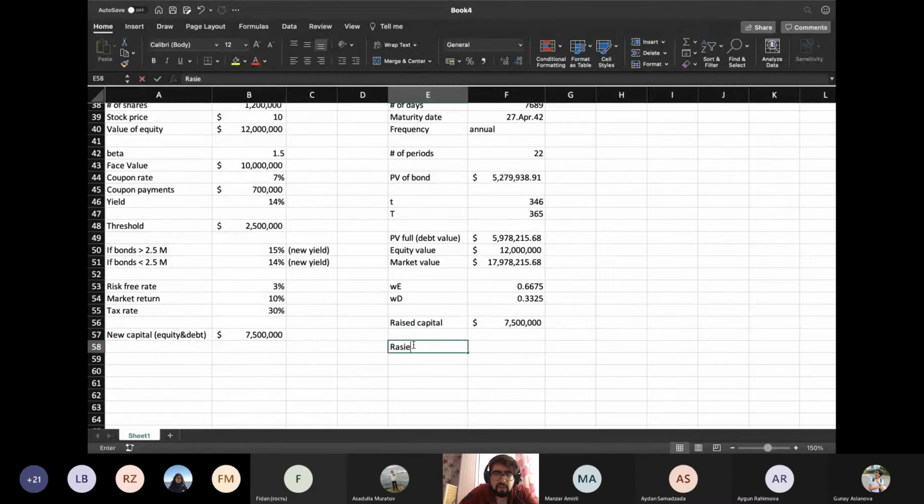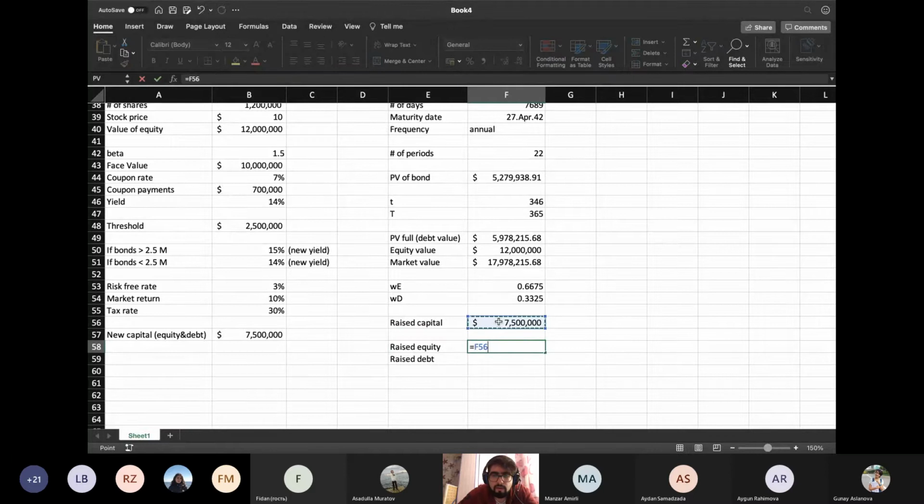We can easily allocate into raised equity and raised debt. Raised capital multiplied by weight of equity and raised capital multiplied by weight of debt. So this is raised equity and this is raised debt.